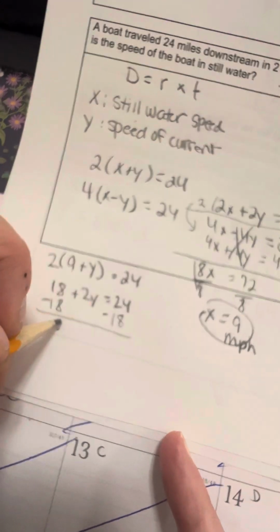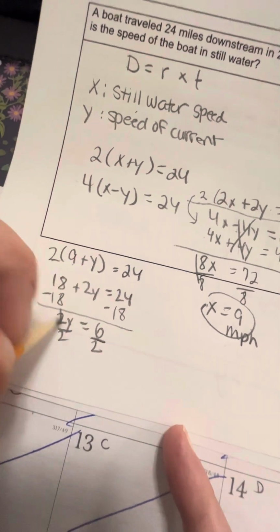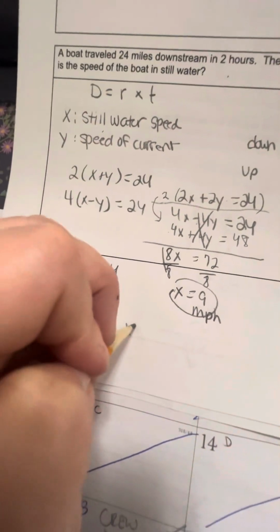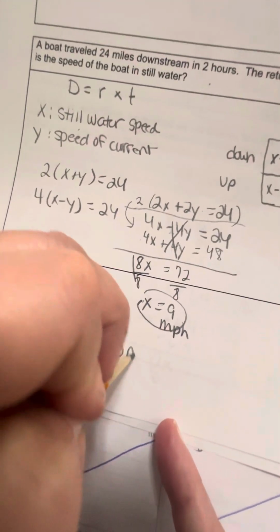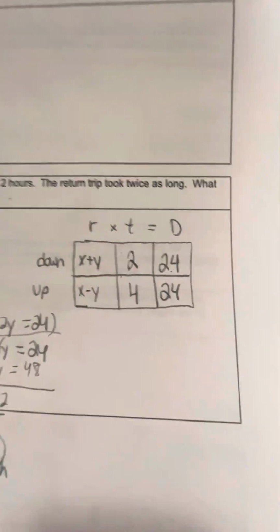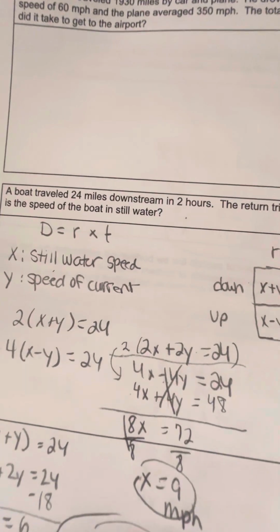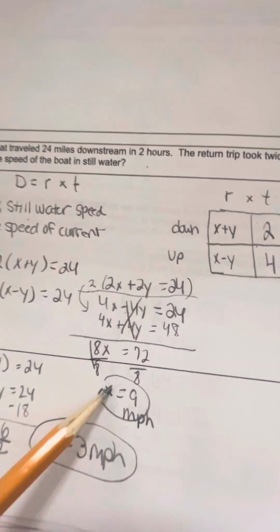That leaves me with 2y equals 6. Divide both sides by 2, and you get y is equal to 3 miles per hour for this problem. So when it asks me what is the speed of the boat in the still water, I'm really only worrying about the still water speed, which in this case would be 9 miles per hour.